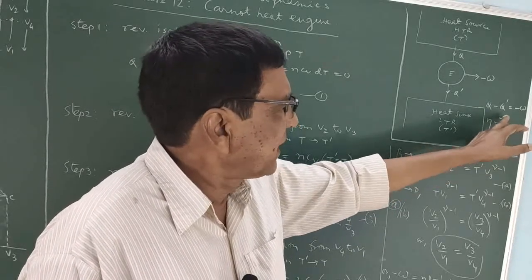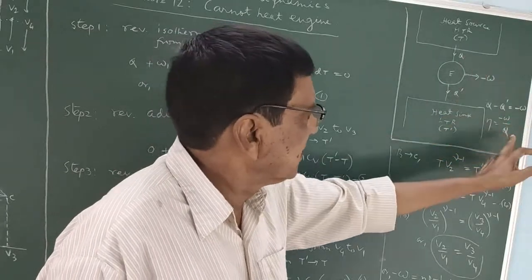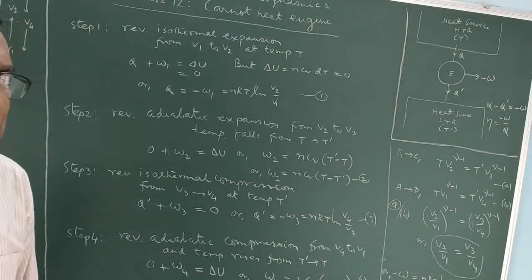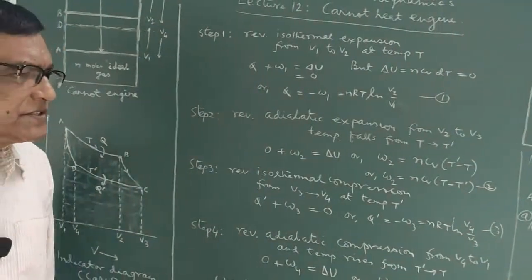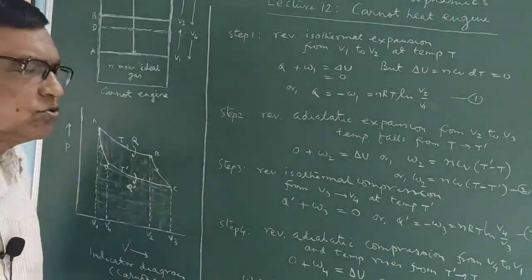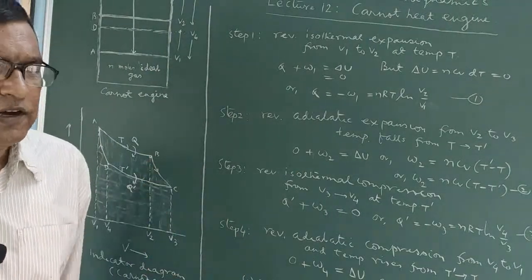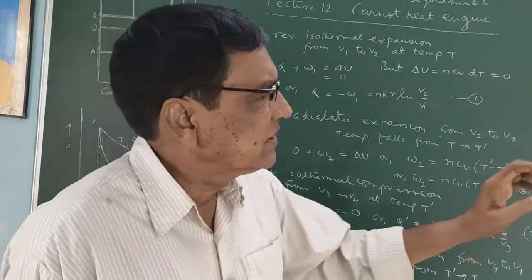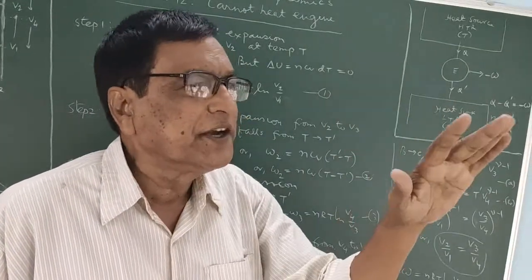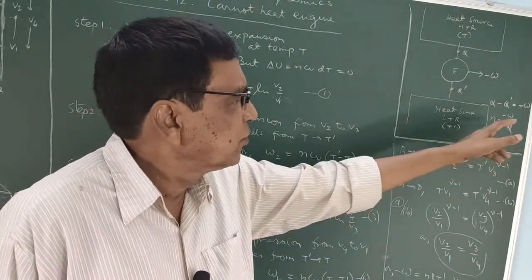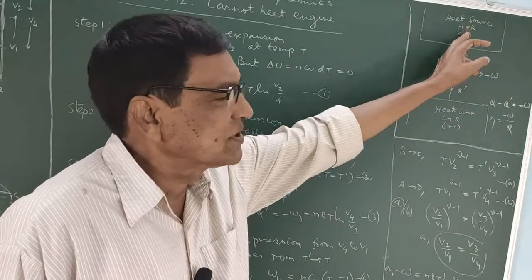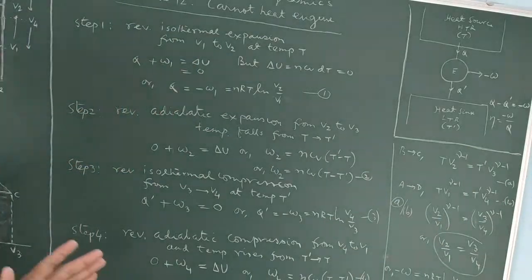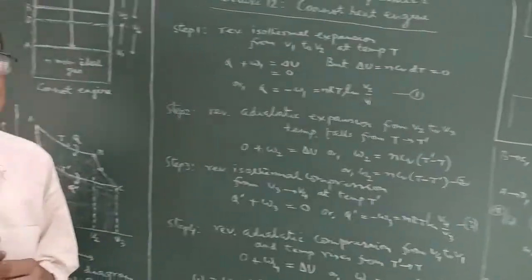Energy output is minus W and energy input is Q. Now let us go to the inside of our Carnot engine. In the Carnot engine, the efficiency is related to the temperature of the source and the temperature of the sink. And in this Carnot engine, every step is reversible.